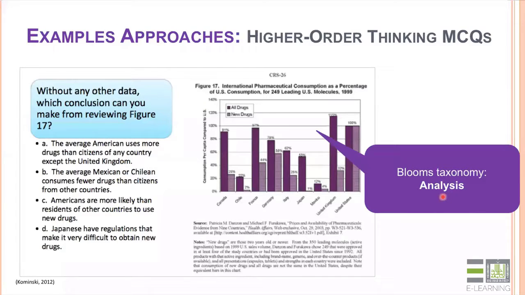You're asking students to analyze data to support a conclusion. Here I've got a graph and a brief caption below. And the stem question simply asks, without any other data, which conclusion can you make from reviewing figure 17? So figure 17 is still part of the stem question.